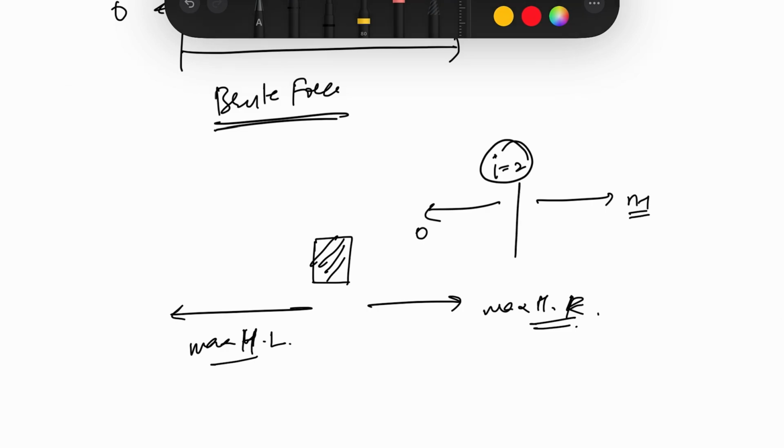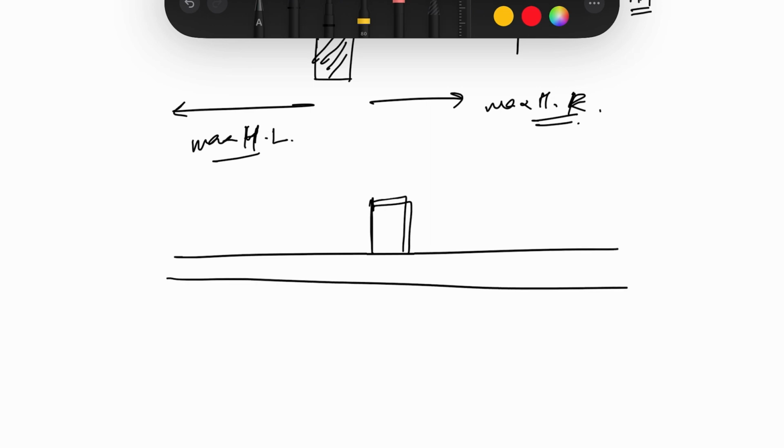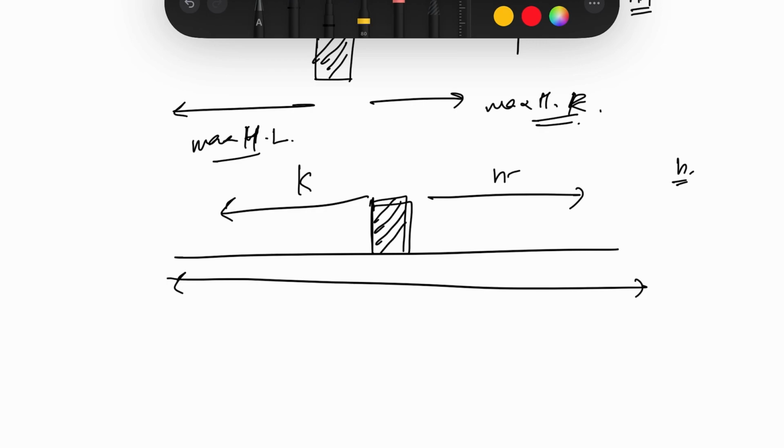Okay, so let me just give you one example. Let's say this is the tower, and this whole range is having some towers. So for this tower, we will search on the left side and search on the right side. Let's say on the left side we search k items, and in total we were having n items. So how many items do we search from the right side? N minus k.